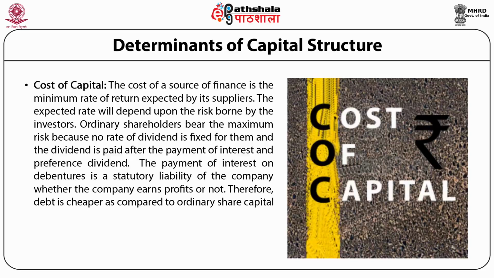The payment of interest on debentures is a statutory liability of the company whether the company earns profits or not. Therefore, debt is cheaper as compared to ordinary share capital.